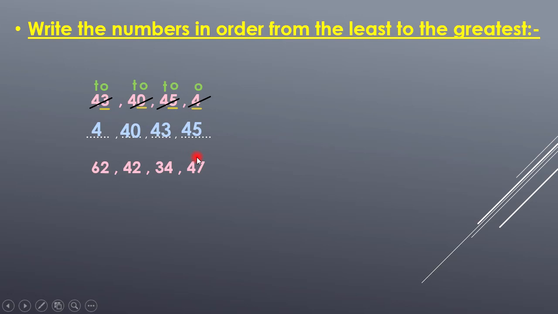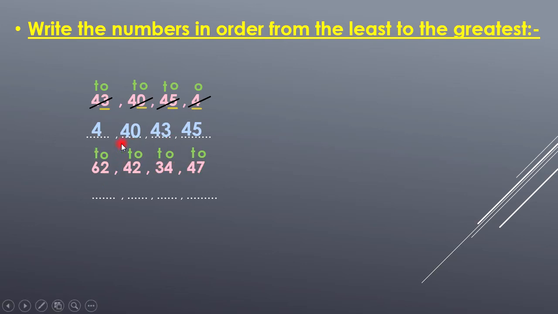Let's see another example. Here I have 62, 42, 34, and 47. Now we should look to the tens digit.